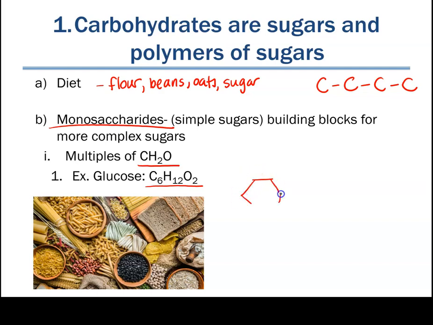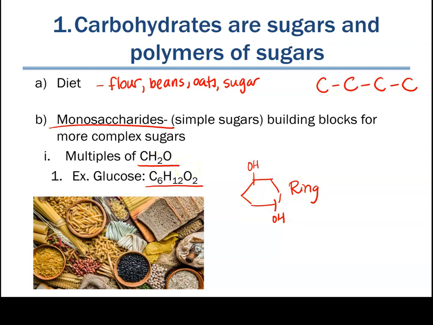The general structure of a glucose molecule is going to be a ring, and that ring is going to have oxygens coming off of it. Don't pay attention to my exact structure here. I'm just randomly placing oxygens. But glucose is going to have that basic CH2O formula.